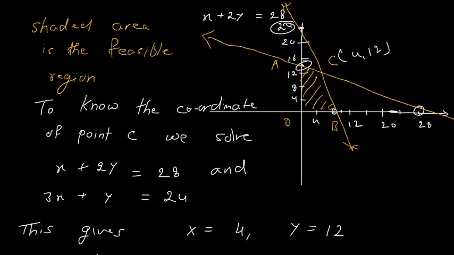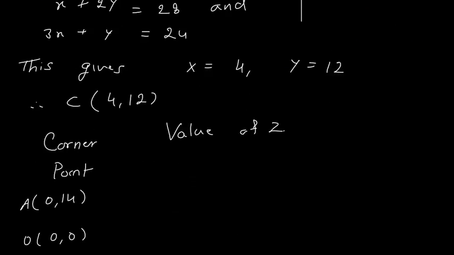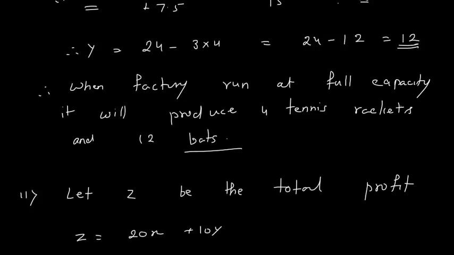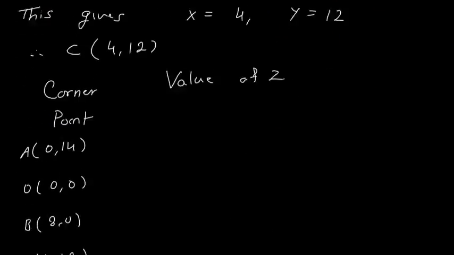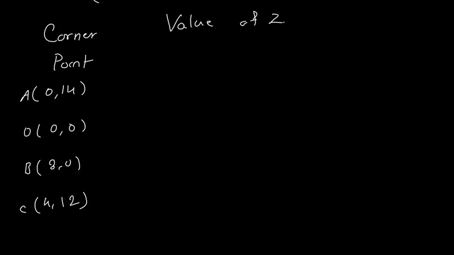Okay. Now find the value of z. The value of z is 20x plus 10y. So here z I will get 10 into 14, which is 140. Here I will get z as 0.